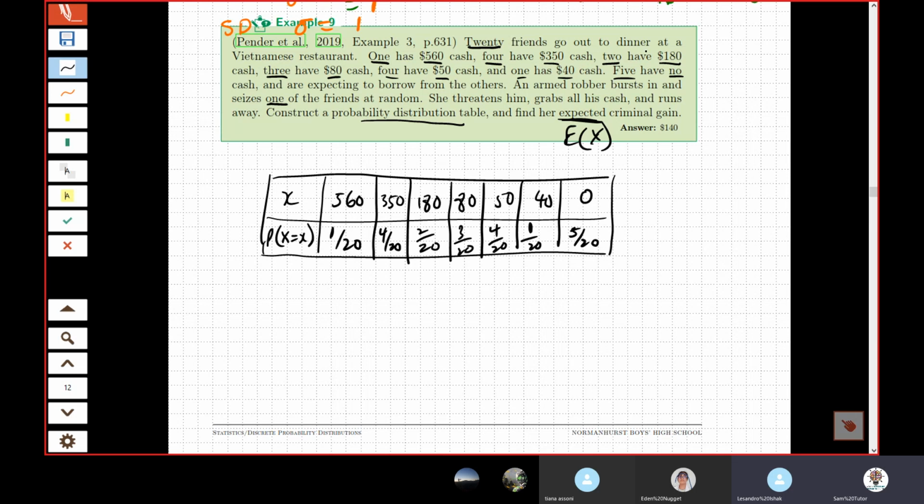Maybe because that usually confuses students and then they can't get this out. But I guess we try to show you guys these so you remember, even if the question is annoying, if you know what you're looking for and how to find these, just do what you would think to do naturally. You could get $0 5 out of 20 times. You can get $40 1 out of 20, $50 4 out of 20 times, and so on.